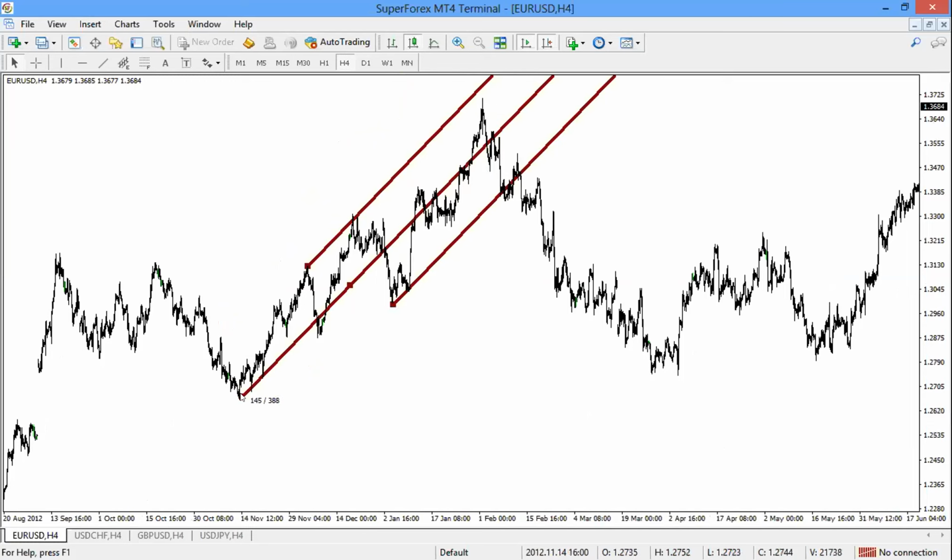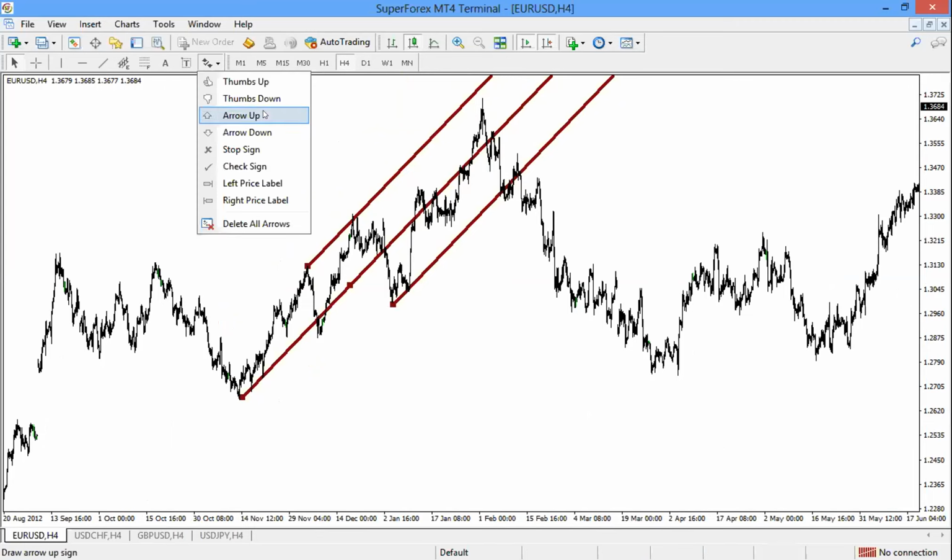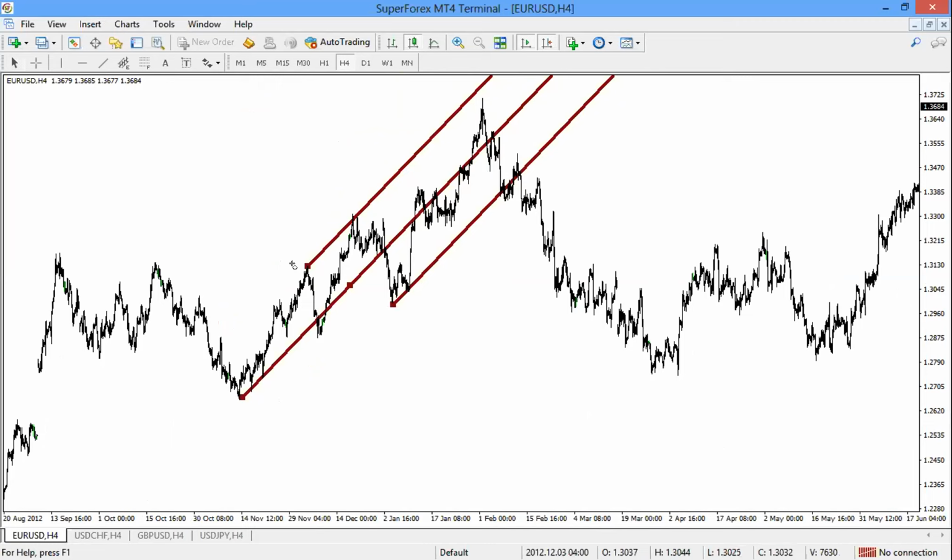So now, this is you. You have dropped your pitchfork here. So you can see how the market went from there. Do you see the first point? Do you see where I'm putting an arrow?